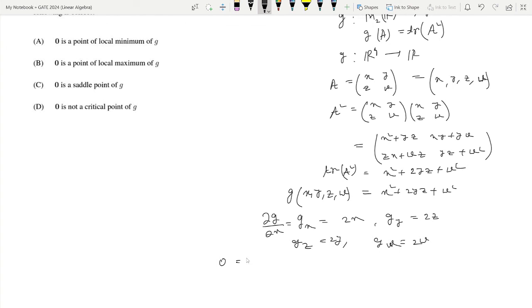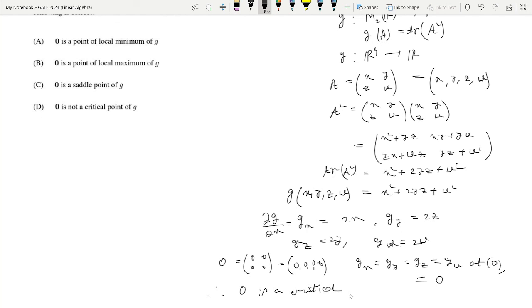Clearly, if we take 0, that is (0, 0, 0, 0), then Gx, Gy, Gz and Gw all equal 0 at this point. So 0 must be a critical point, or stationary point, of G.